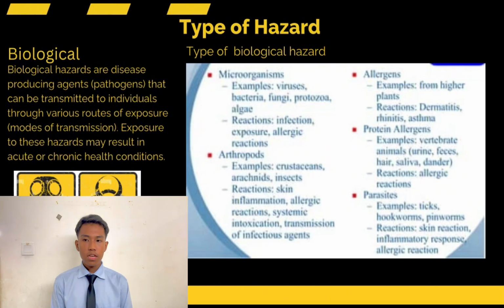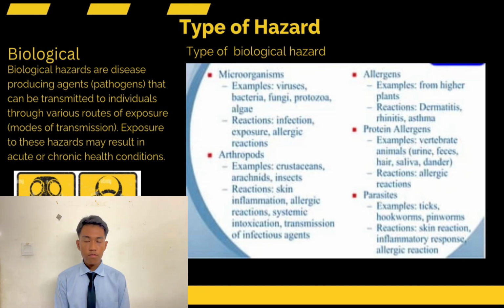Number 2 is arthropod. For example, insects. The reactions of this biological hazard are skin inflammation, allergic reaction, systemic intoxication and transmission of infectious agents. Number 3 is allergen.